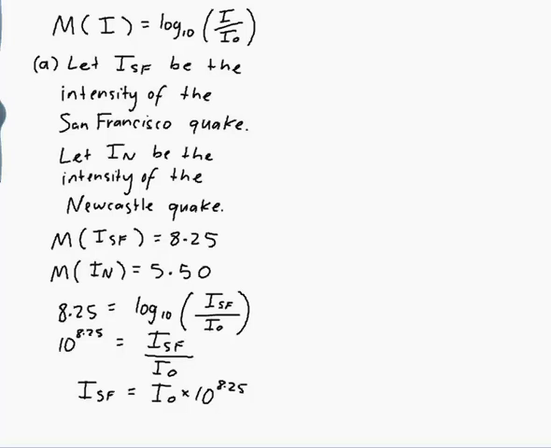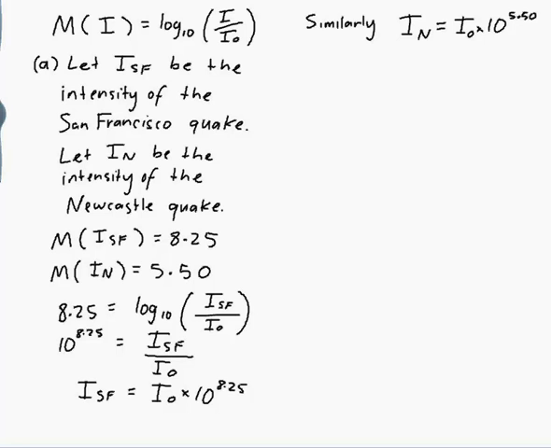Alright, by similar reasoning, if I did exactly the same working, I could figure out that IN would be equal to I0 times 10 to the power of 5.50. Okay, so that's good.